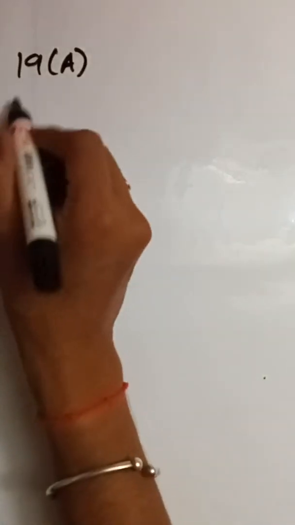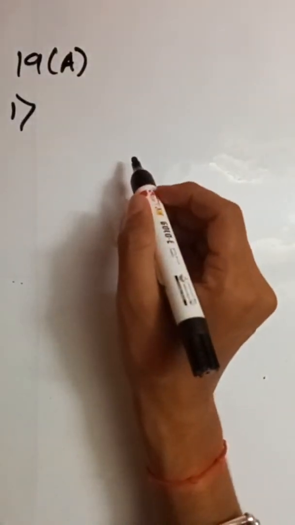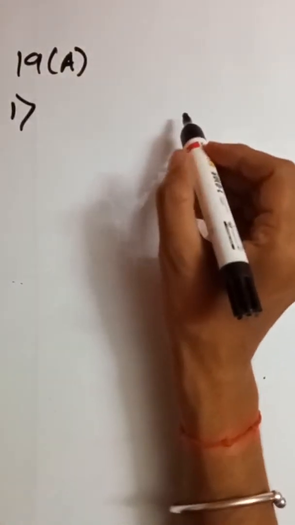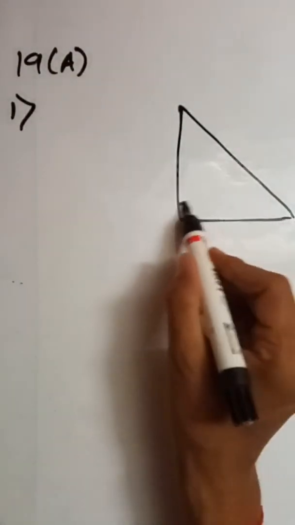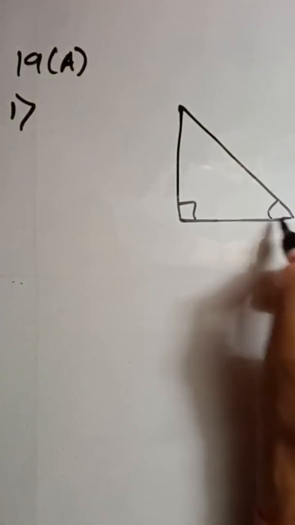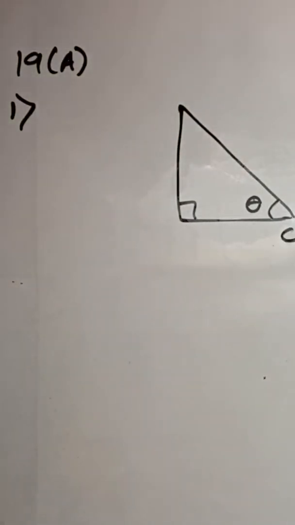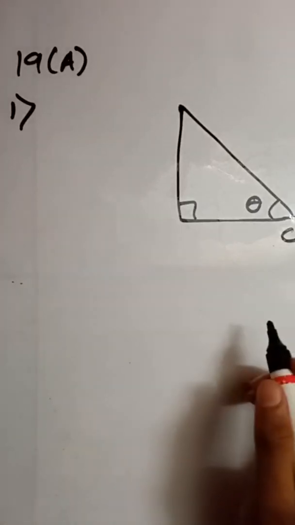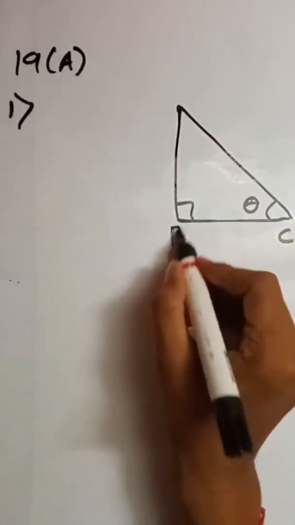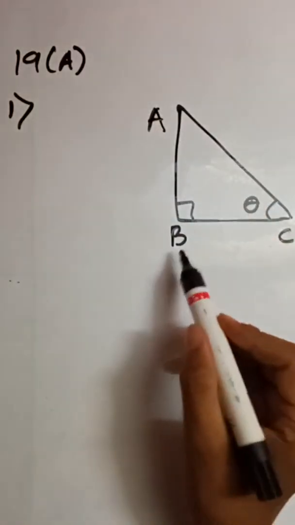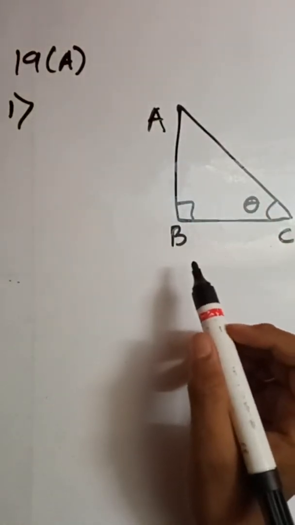Exercise 19A, question number 1. Now in the first question we have already been given a diagram, a right angle triangle with angle C given as theta and angle B is 90.